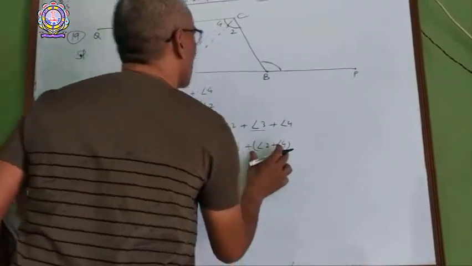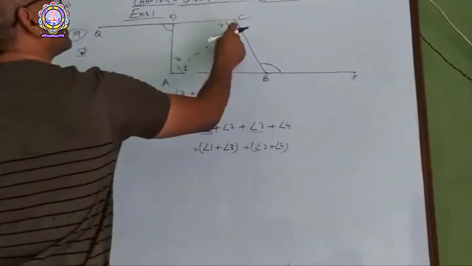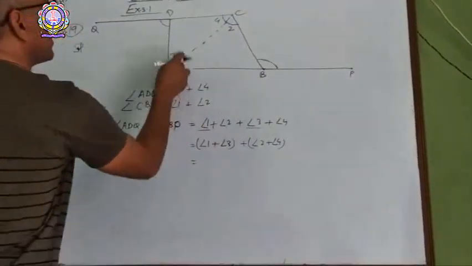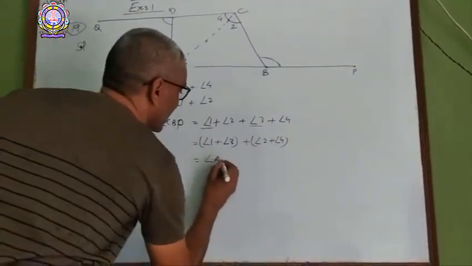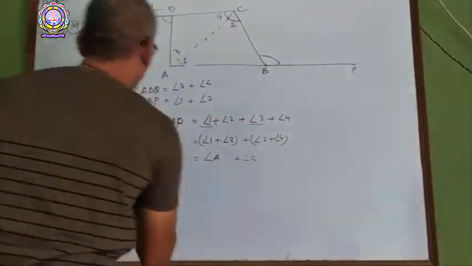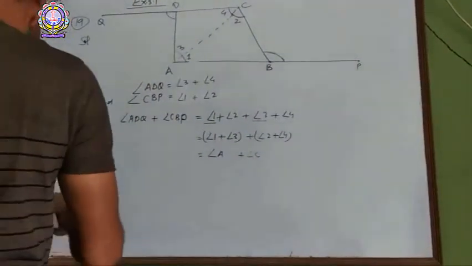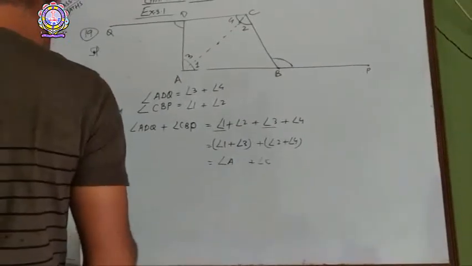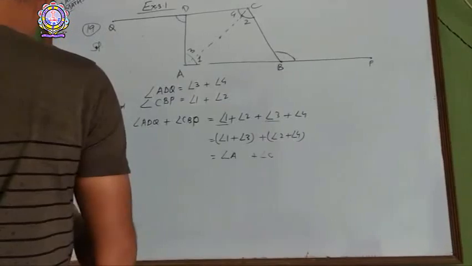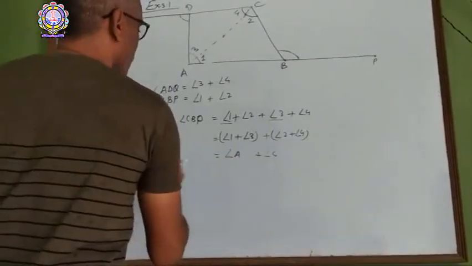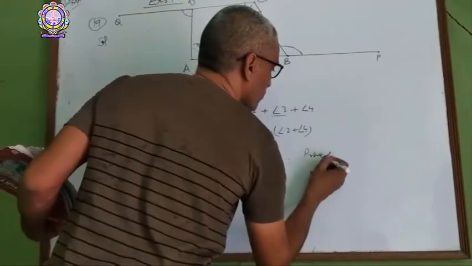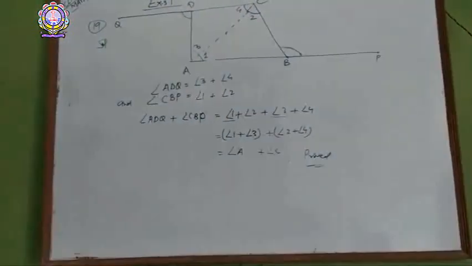You can make the pair of 2 and 4. 2 and 4 is this, this is the angle C. So angle 1 and 3 is angle A plus angle 2 and 4 is angle C. And hence proved. Okay, write down in your notebooks.